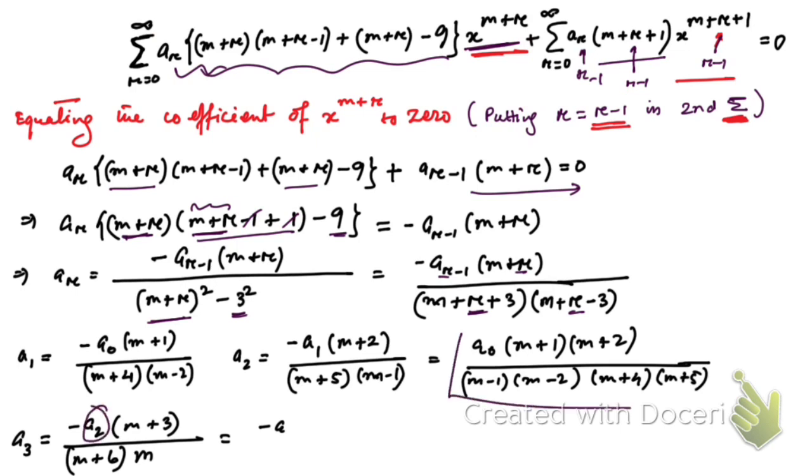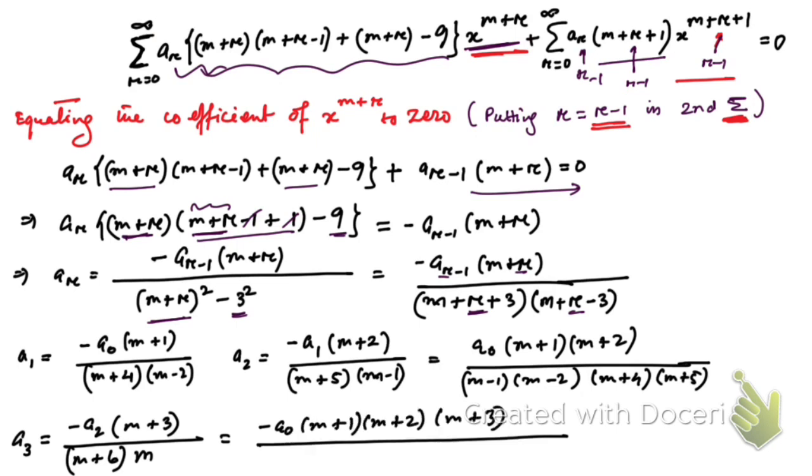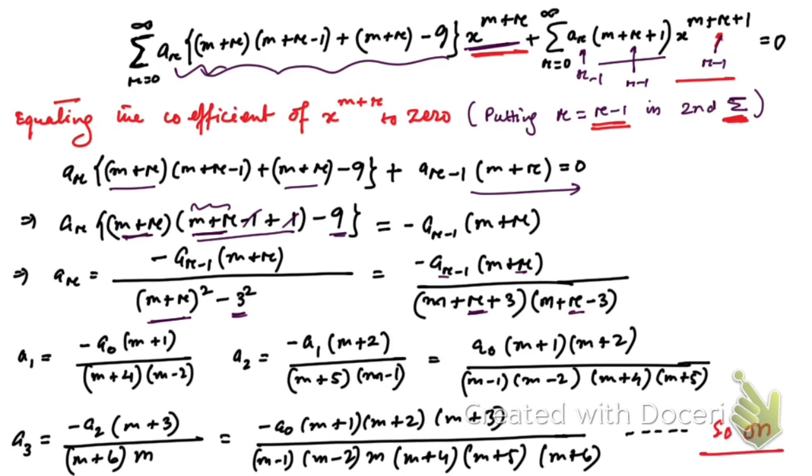This is the value of a2, now put it here, then you're going to have this, right? Similarly you can find a4 as well, and so on. So now let's go to the next slide.